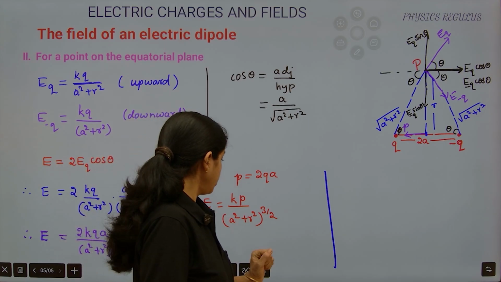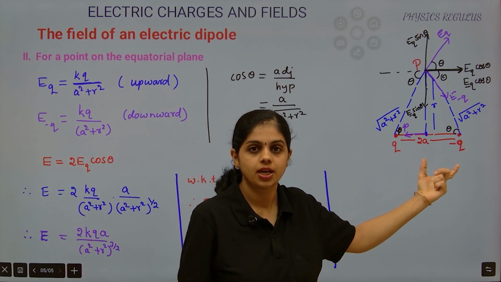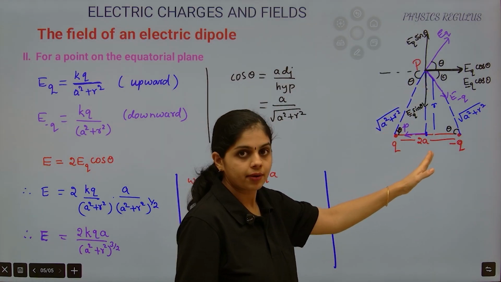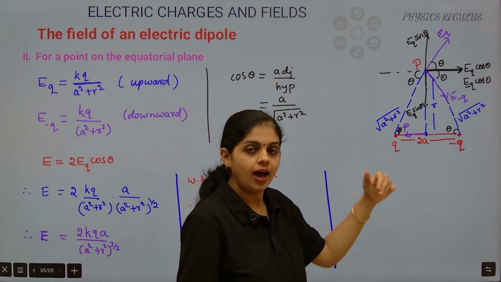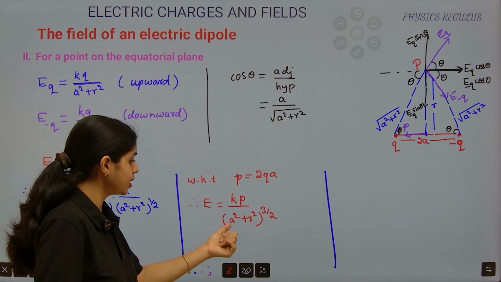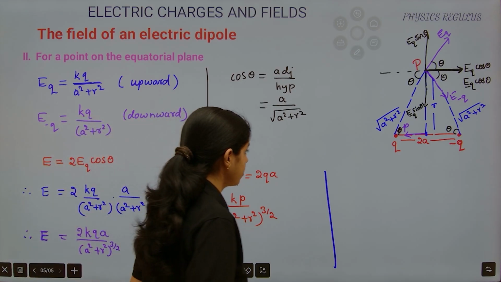Now, separation between two charges is very small compared to distance r. When r is far greater than a, r square will be much greater than a square. Hence, we can neglect a square in the denominator.